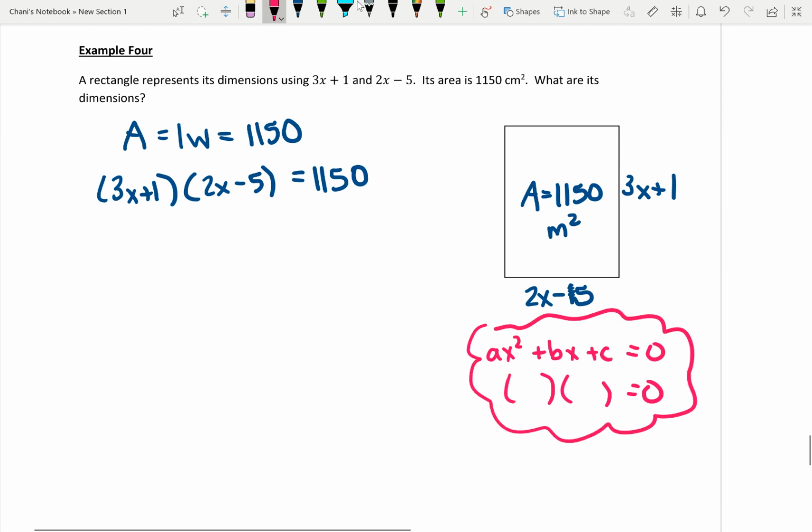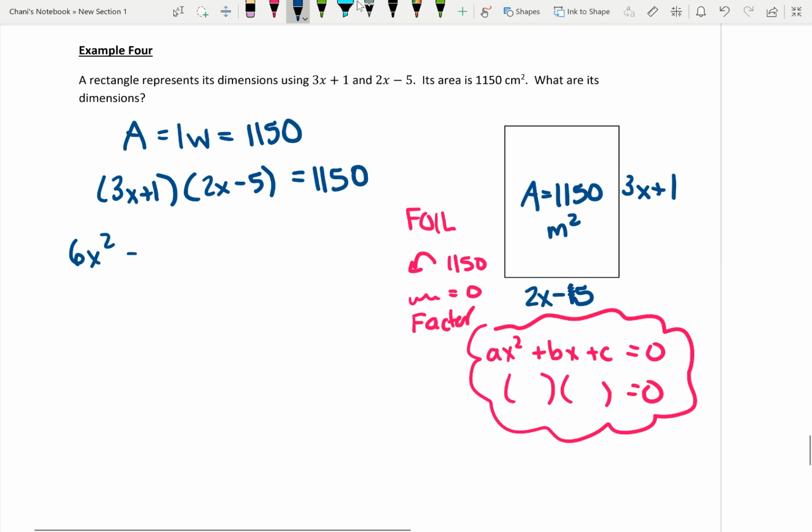So our plan here is to FOIL and then move over the 1150, so you have an equation equaling 0 and then factor. That's our long-term plan. Okay, so we FOIL this. 3x times 2x is 6x squared.